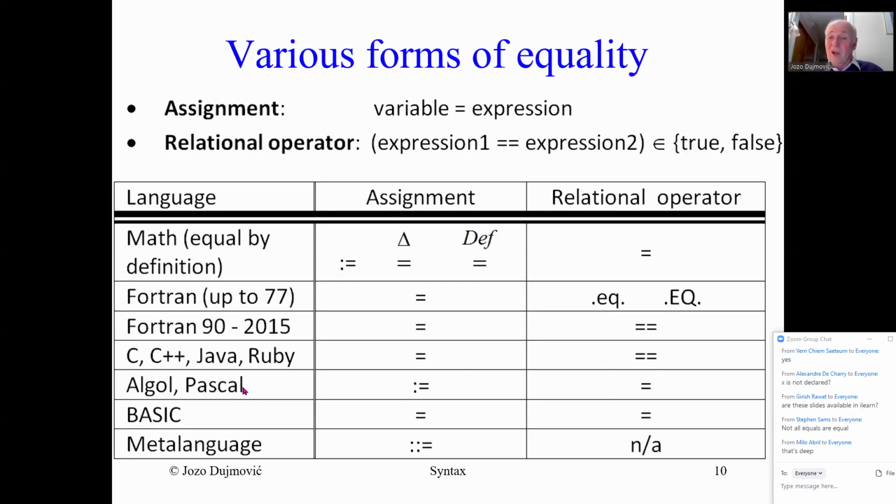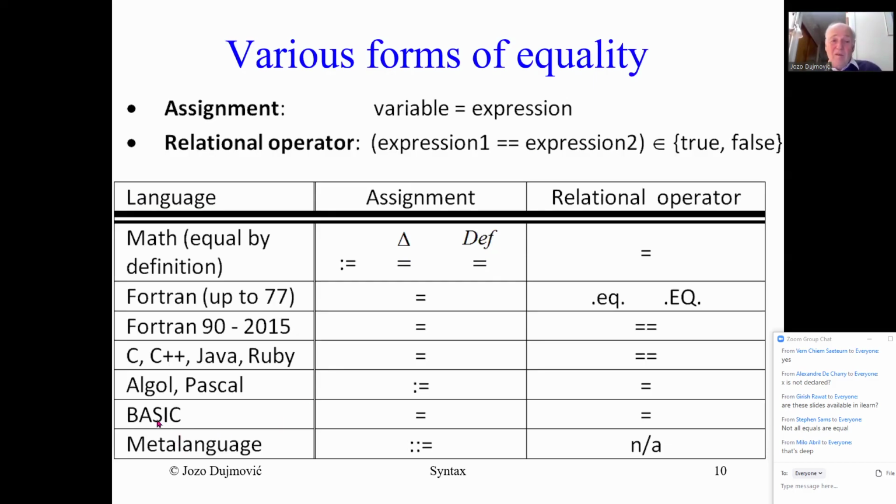Then Algol and Pascal, they are languages that introduced equal by definition taken from mathematics. So they say, this is assignment, and this is relational operator. So if you have a simple equality sign, this is checking whether an expression is equal to the other expression. And if you have this equal by definition, this is assignment. So if you say A equals B plus C, you are practically having assignment: B plus C is computed and the result is inserted in A.